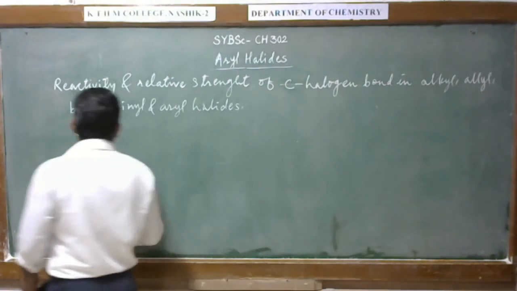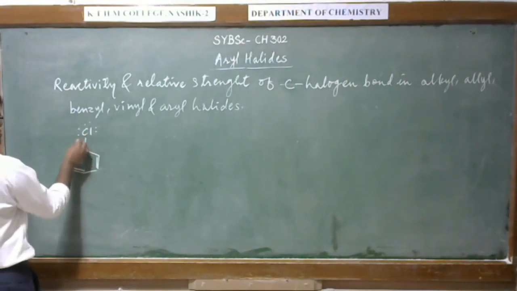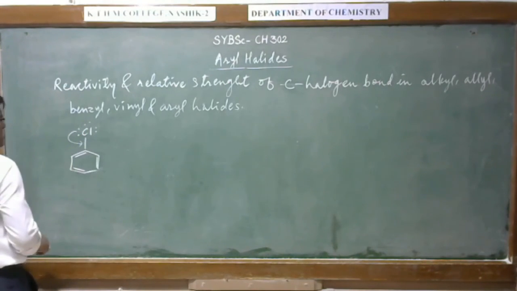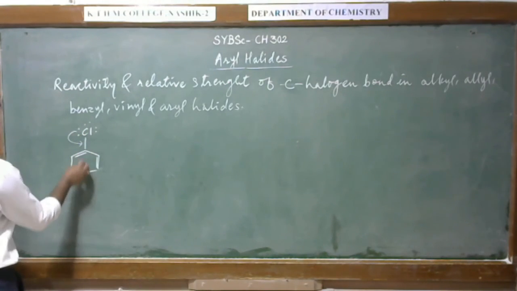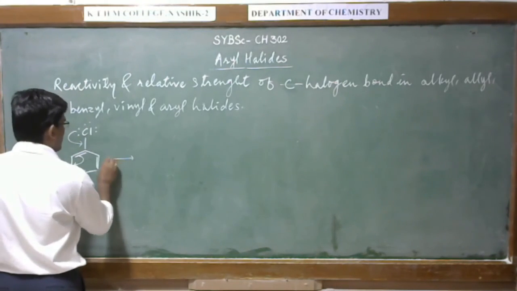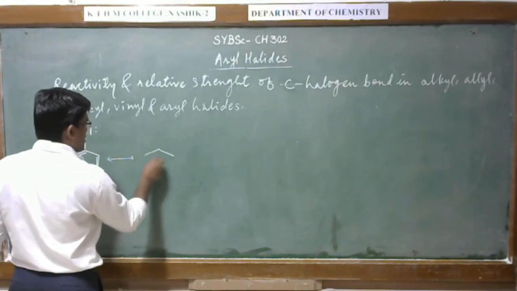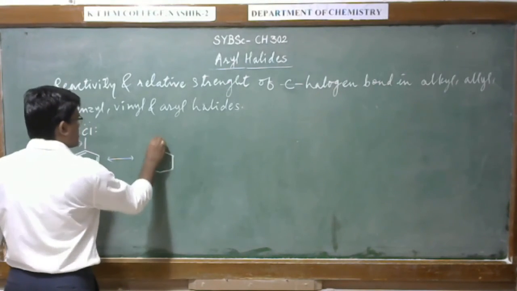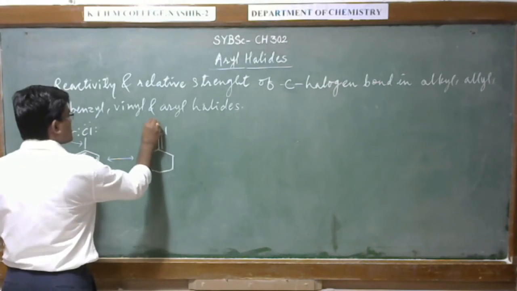Alright. So when these non-bonding electrons show resonance, like this, this bond will show the partial double bond character like this.